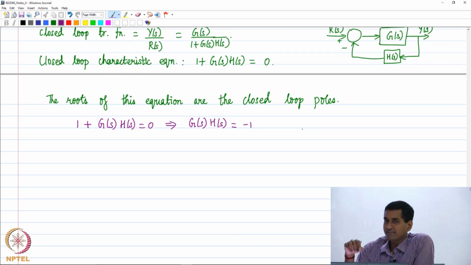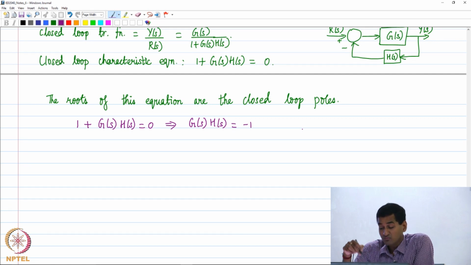So any value of s which satisfies G of s H of s equals minus 1 is a closed loop pole. Do you agree? That is just an algebraic manipulation. And why is this significant? What is G of s H of s? It is the open loop transfer function. That is the definition of G of s H of s, is it not?